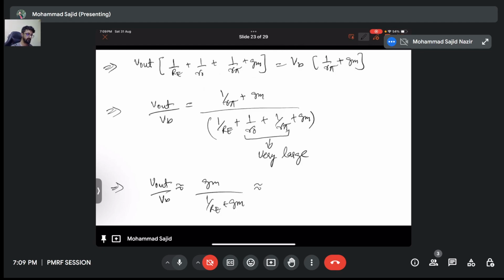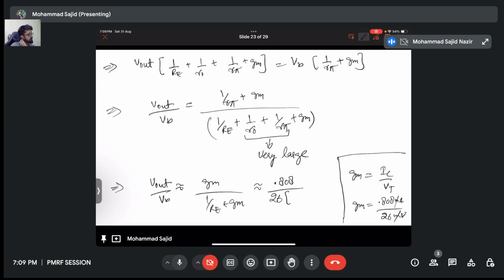Gm is the calculated Gm, right? Now, Gm is IC by VT, and we know IC is 0.808 milliampere by 26 millivolt. Milli and milli will cancel. Gm is 0.808 divided by 26.